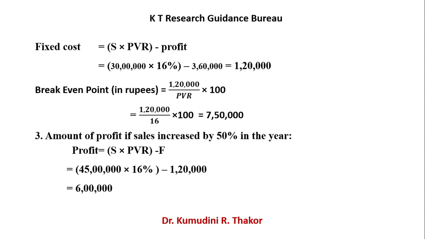This way, generally management they take the decision. So if your sales increased by 50%, 60%, 70%, then what will be the profit? So first they decide the profit, how much they want to enjoy.